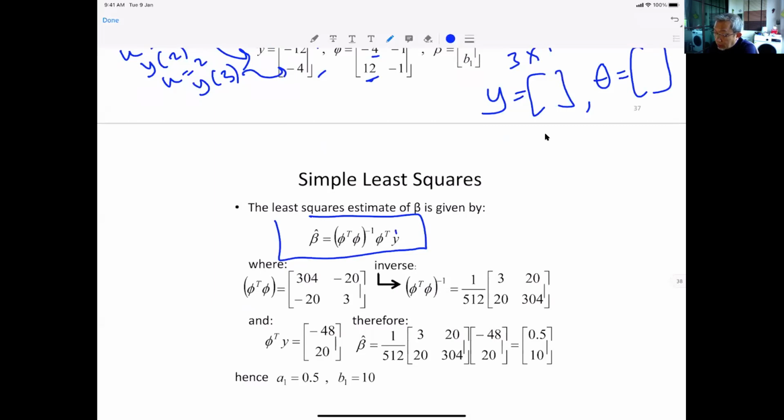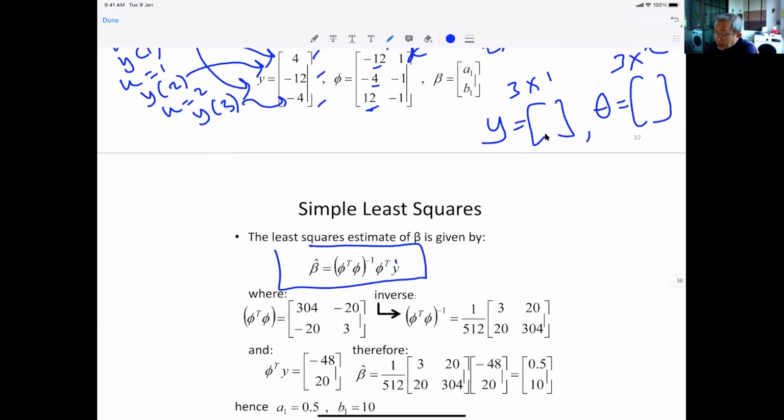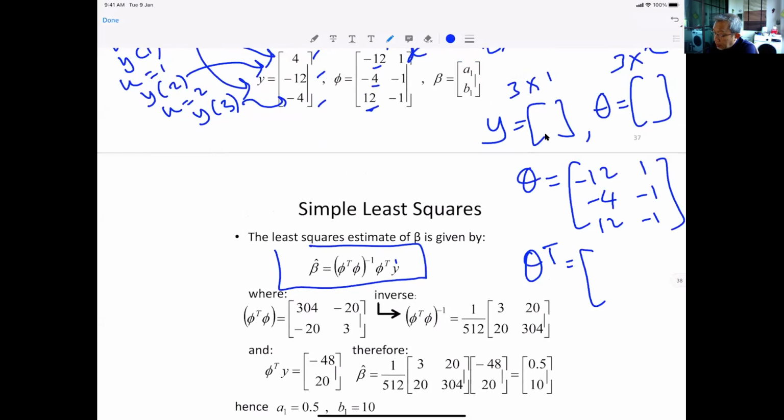So from here, this is theta: minus 12, minus 4, 12, 1, minus 1, minus 1. For theta transpose, we interchange between the row and column. So this row becomes column: minus 12, 1.